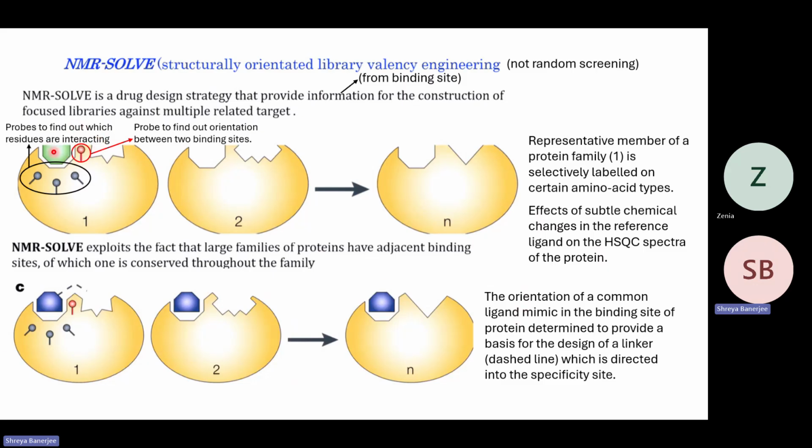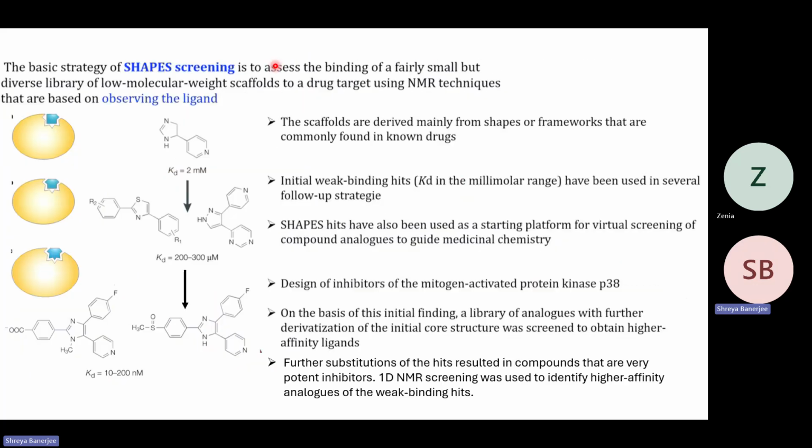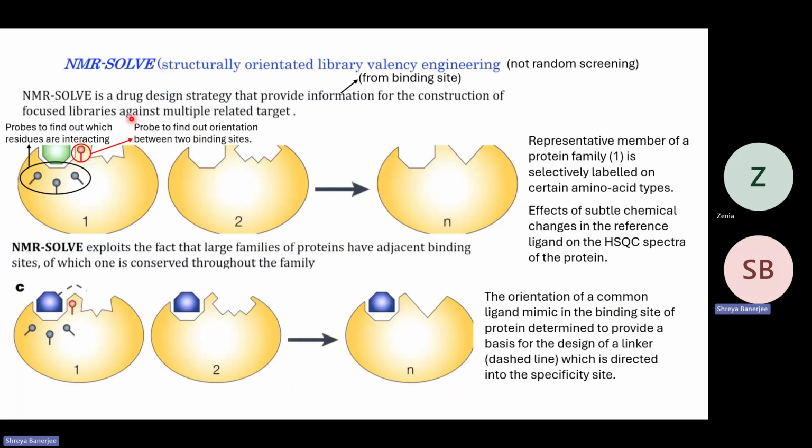So now the library that is used is a focused library because we have an idea about the structure of the receptor site. Instead of a random library that was used in shape screening, it is now a focused library, and it is against multiple related targets, that is proteins within the same family, because they all have the same first binding site.